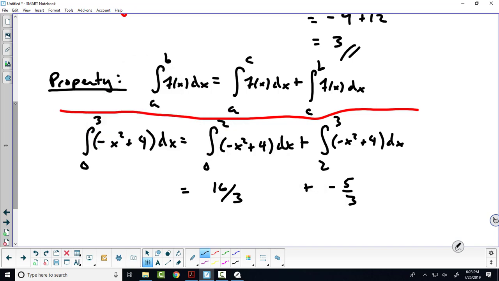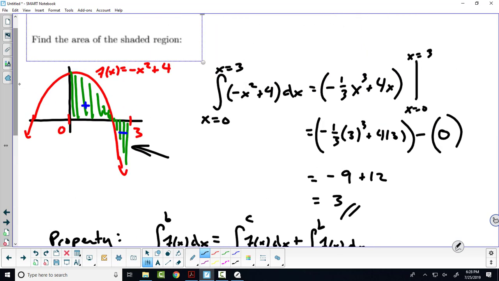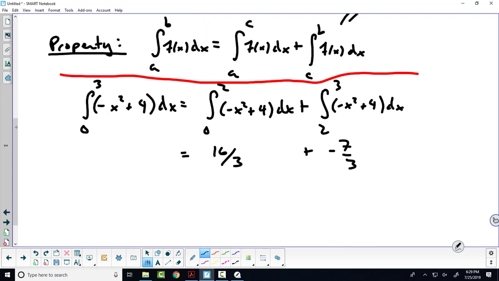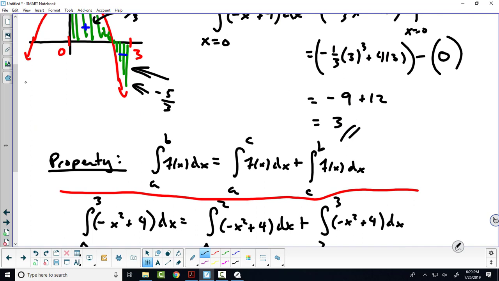So what I'm saying is, rather than finding the total net area, we already found out that was 16/3. We could then compute this, find out that it was a minus 5/3, minus 7/3, which would give us the 9/3 or the 3 that we were supposed to get. Okay? Questions on that?